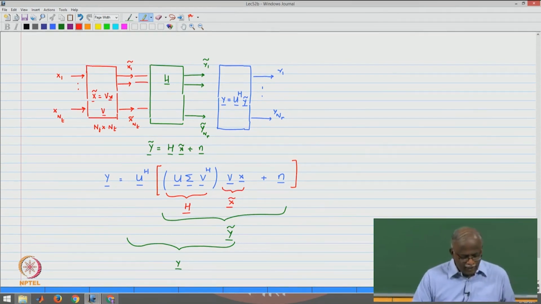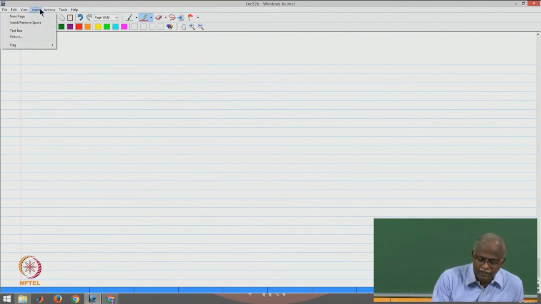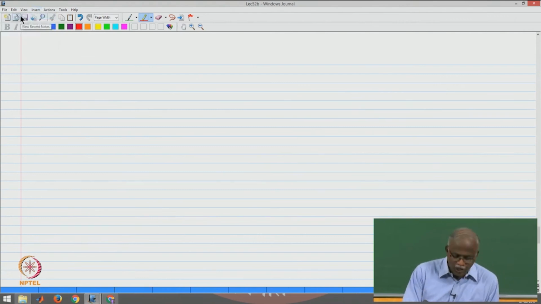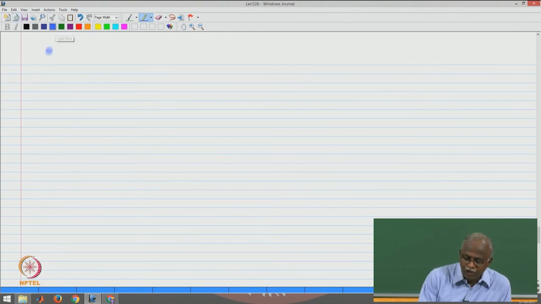Now, another interesting way to draw this figure, and I believe that gives us a lot of insight, is to look at how we can represent this. So, the parallel decomposition of a MIMO channel can be captured in the following form.